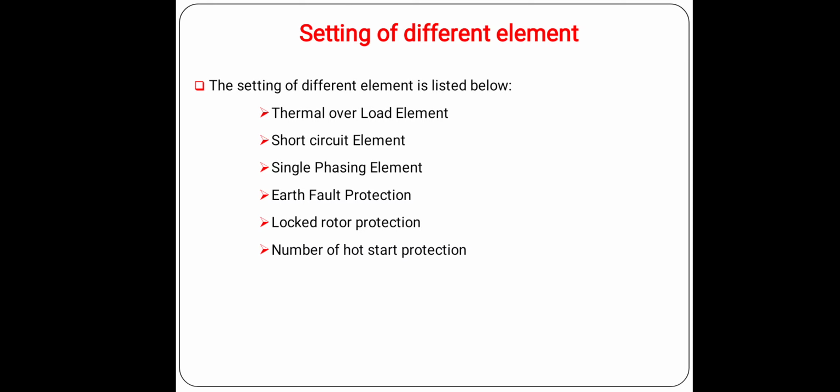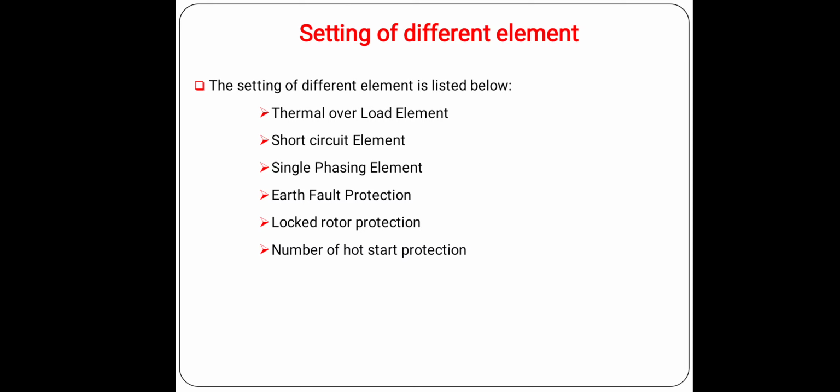Now next one is locked rotor protection. For this type of protection scheme, the range available for this element is 1 to 5 times the full load current. Time delay is also available for this setting. We normally set it at 2 times the full load current.